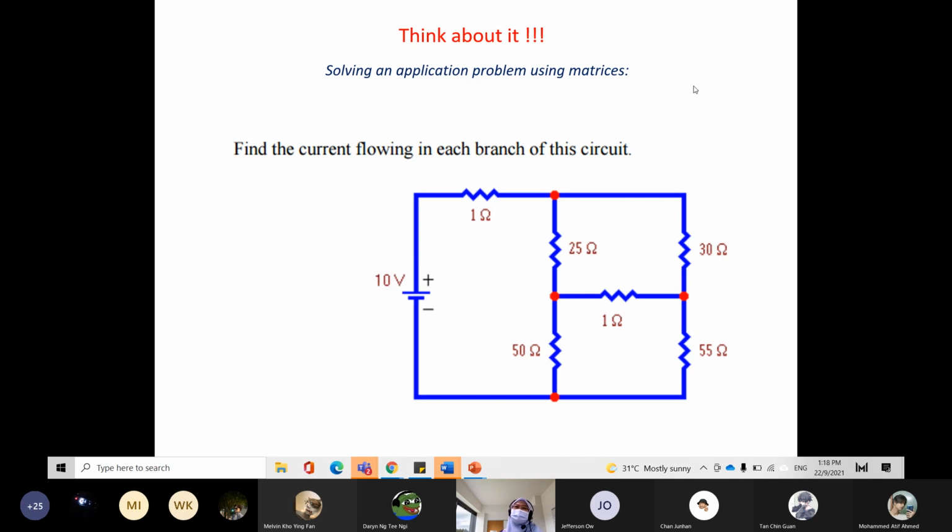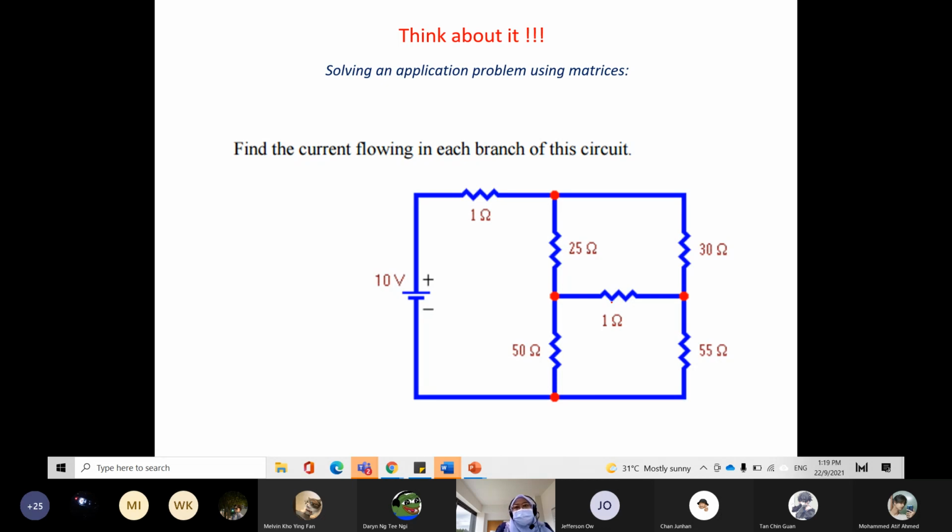Do you know how to solve for the current in this circuit? Anyone know? I think it's time to apply Kirchhoff's rule, yes. Okay, you may use Kirchhoff's rule. For our friends from chemical engineering, you may refer to your friends from other programs on how to solve this one.